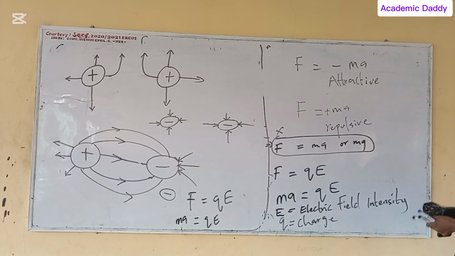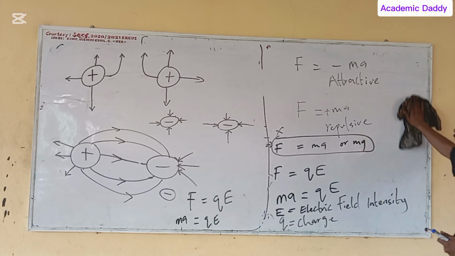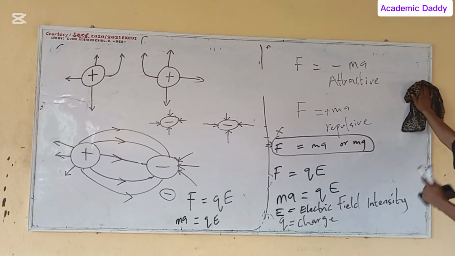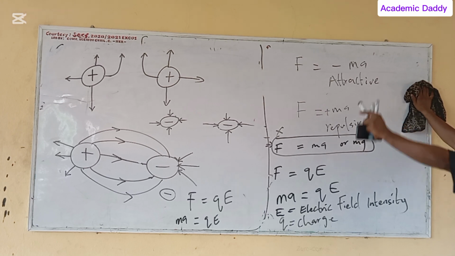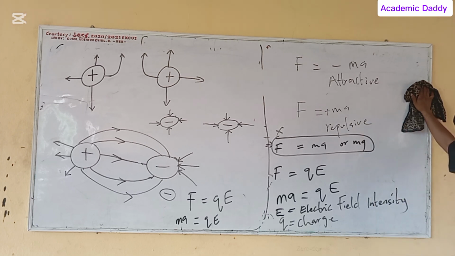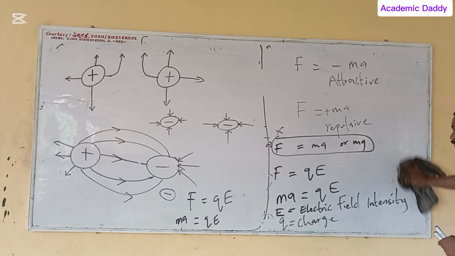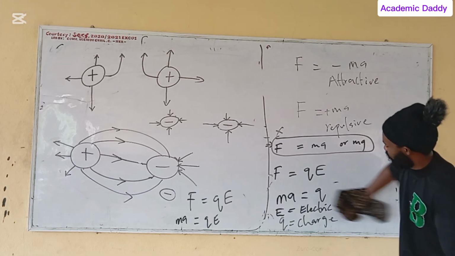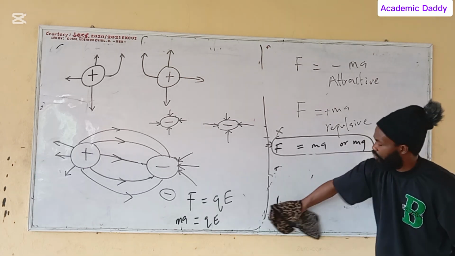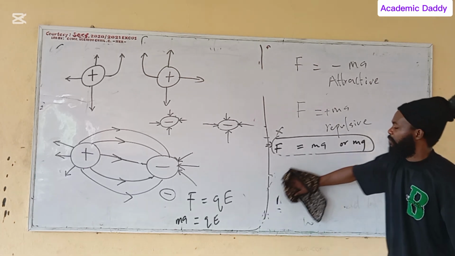So if I know this, let's go back to the question. See if we can answer all these kind of questions now. They are not calculation, we've not started calculation. But the good thing about this kind of question is that it helps you with objective questions. They can give you an ebonite rod with fur, will produce what type of charge?